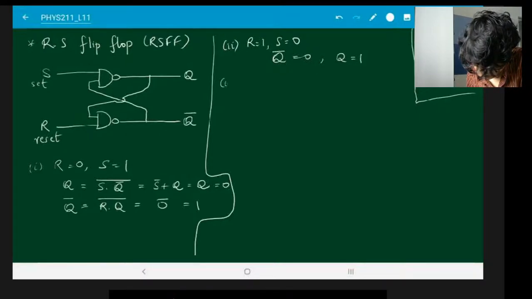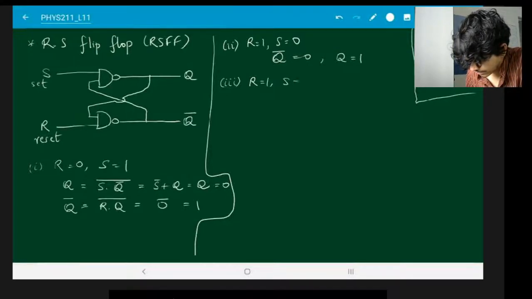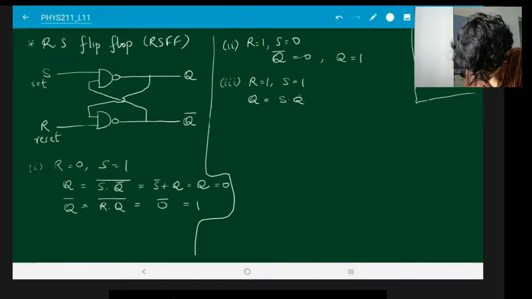The more interesting cases are when both of these inputs are equal. So let's see what happens when R is 1 and S is also 1. In this case, Q is going to be S dot Q bar bar.